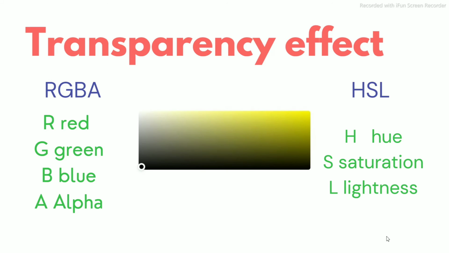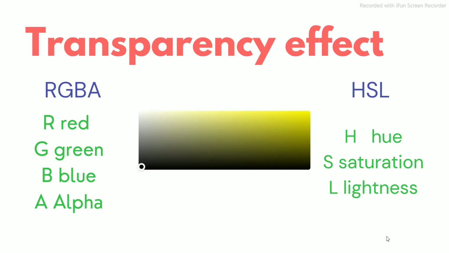When we come to the saturation, we can increase or decrease this color. If we use saturation equal to 0, it will give us that white color. If we use saturation equal to 100%, we get the dark red color. At last we have the lightness.